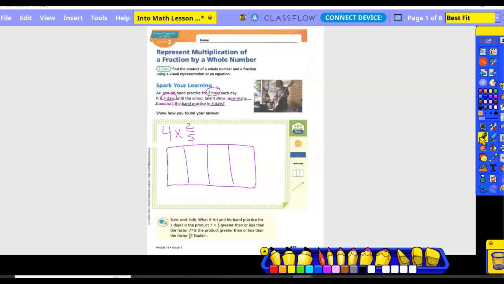How many pieces am I breaking each one of those into? 5, right? How many of those fifths for each bar or rectangle am I going to shade? 2, right?